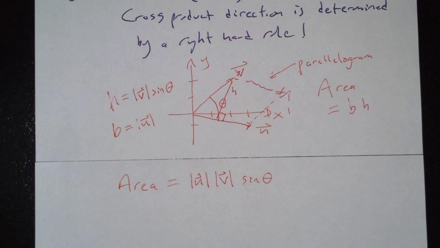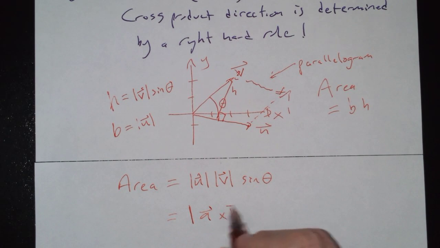Now we can prove this using geometry like I did. We can prove this algebraically as they do in the text on page 817, but I think the algebraic version is much less, quote, obvious than this. I've seen this picture a bunch. But that means this is the length of my cross product.